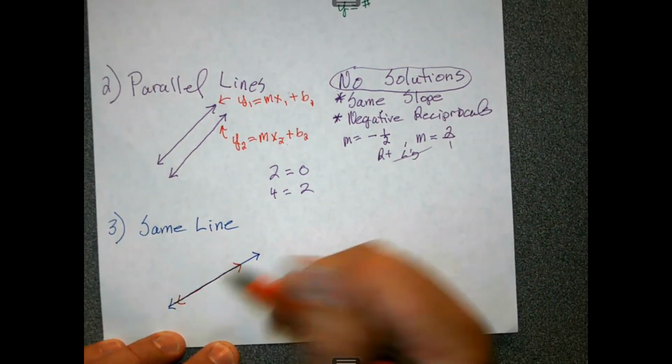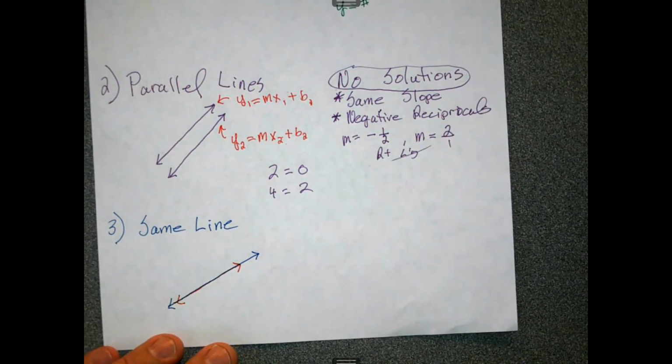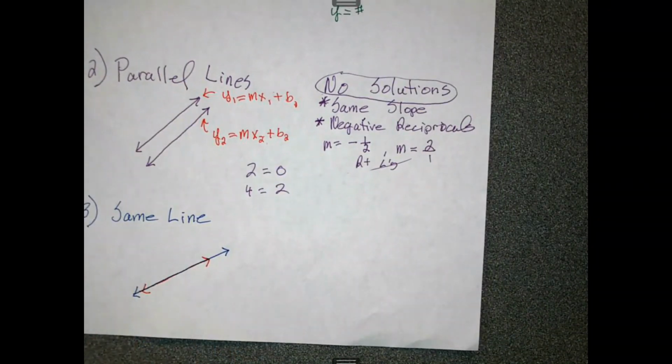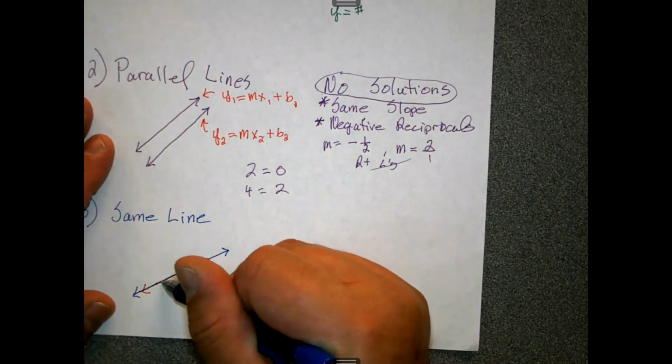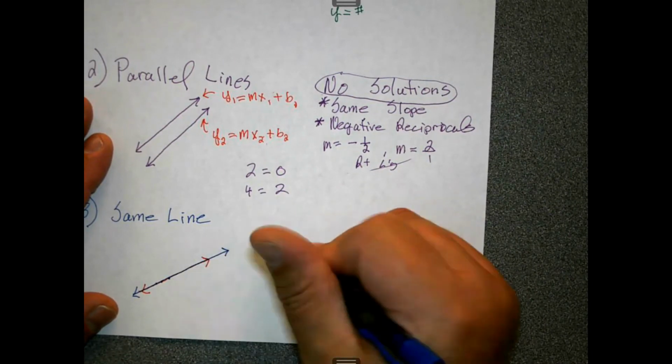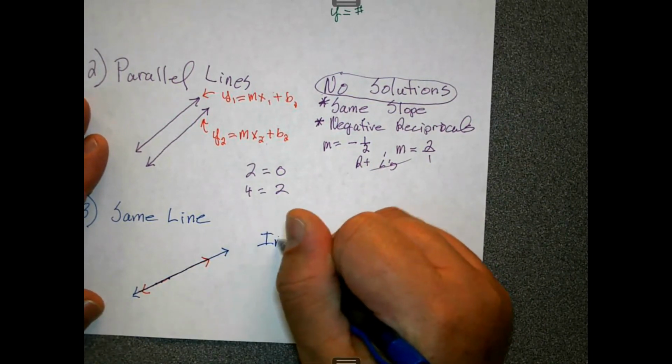How many points do these lines have in common? Infinitely many. Good. Every single point, no matter what I pick, is going to be a solution for both of these equations. So infinitely many.